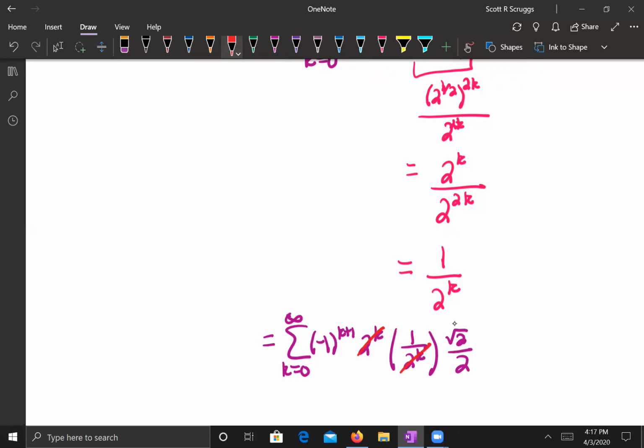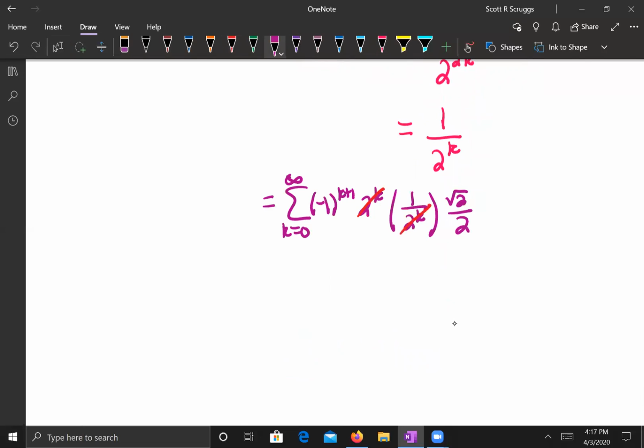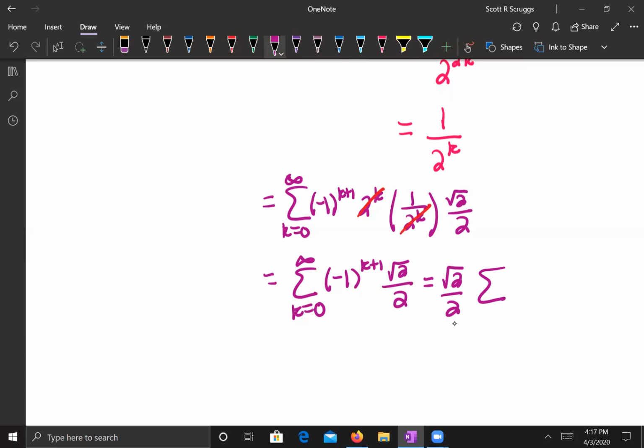Those two get to kill each other off, and now I'm just left with the sum as k goes from 0 to infinity of negative 1 to the k plus 1, root 2 over 2, or root 2 over 2 times the sum going from 0 to infinity of negative 1 to the k plus 1 power.